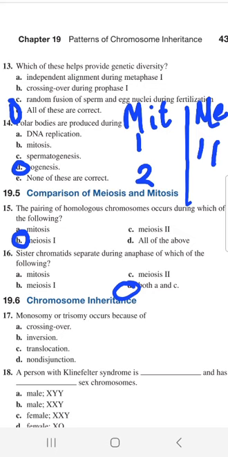Monosomy or trisomy, which is basically having one chromosome or having 3 chromosomes, occurs because of crossing over, inversion, translocation, or disjunction. So what is non-disjunction? It is when, during meiosis, for example, the homologous pair, or, to make it easier, the sister chromatids, do not separate.